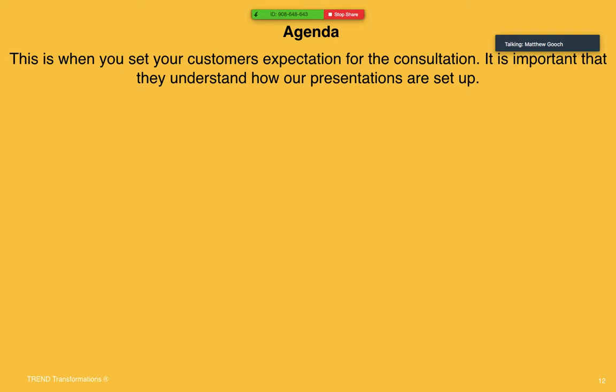So it's important that you go over the agenda just so they have an understanding of what's to come. Especially if they've started their process and maybe gone to a cheap slab yard or a Home Depot or a Lowe's, it's going to be a totally different experience for them than ours. So if they come in with those expectations, this agenda is where you can reset those expectations and let them know what our process is like compared to something they've already experienced.